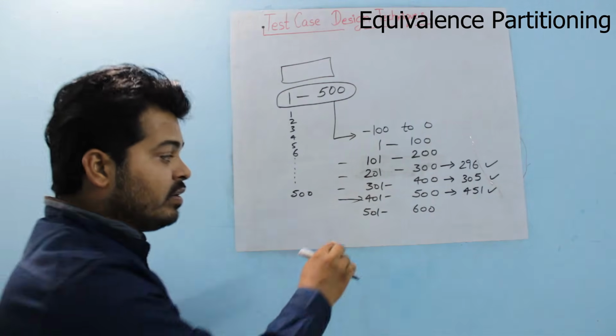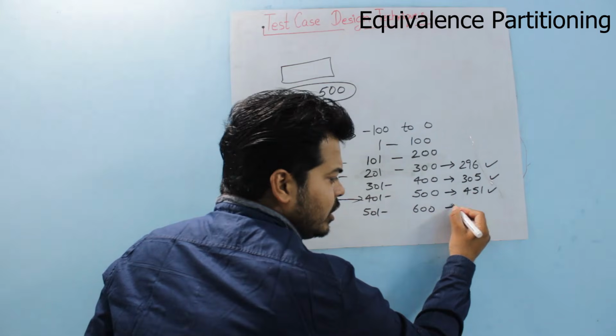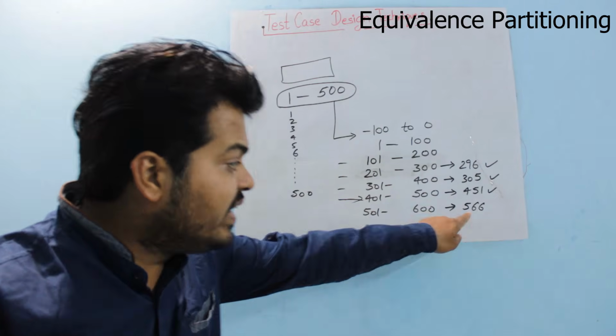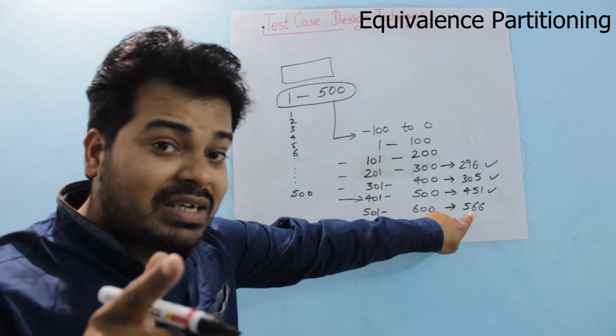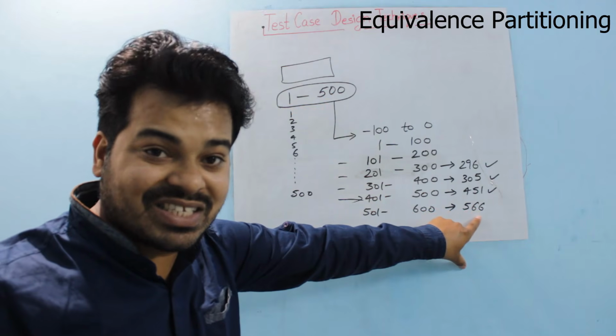Finally, between 501 and 600, you will test it for 566. When you are entering this value, it is not accepting. The requirement says that it can accept only 1 to 500 and you are entering 566.